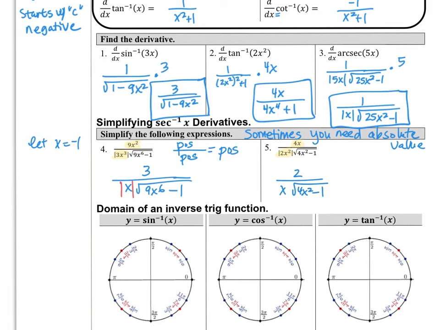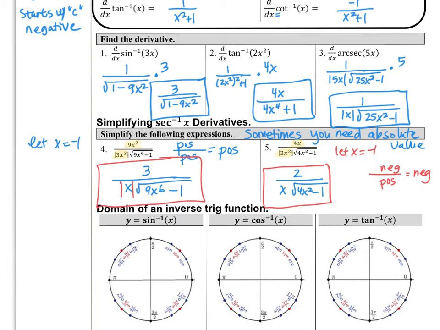So I'm going to go over here to the side, and I'm going to let x be -1. This is how I'm testing. If I put in a negative on the top, I get a negative answer. If I put a negative on the bottom, I'm going to get positive, which means I could have a negative. So since this can be a negative, then I don't need the absolute value on the bottom one.